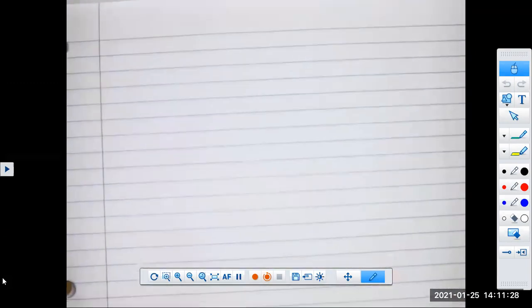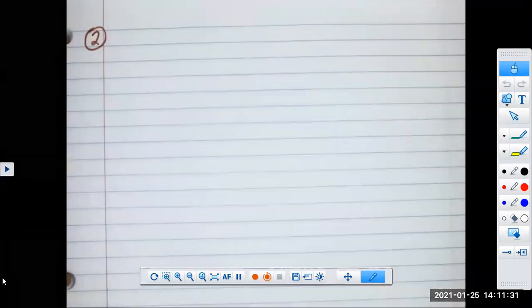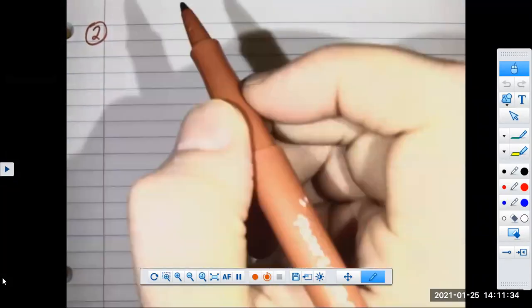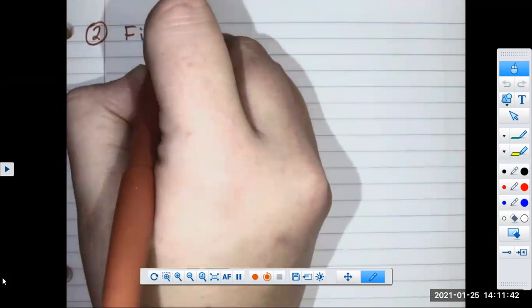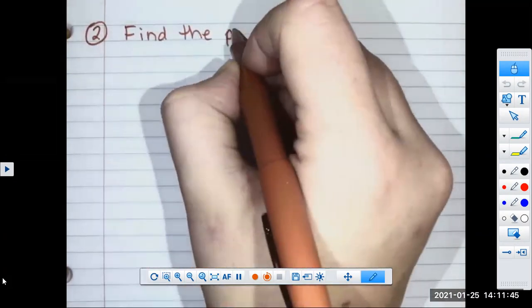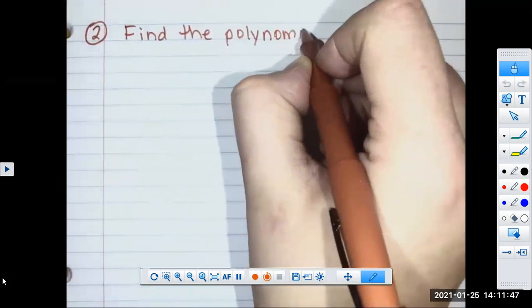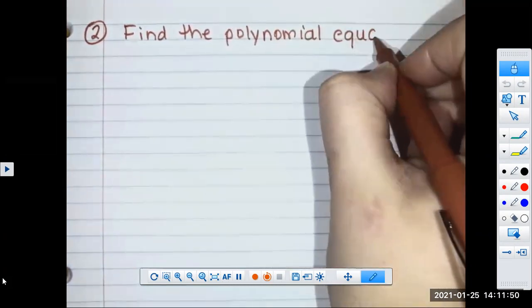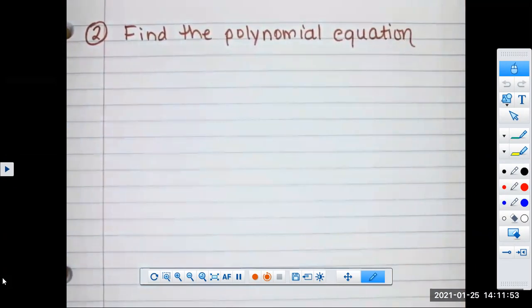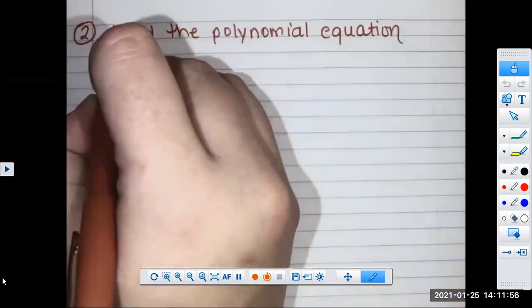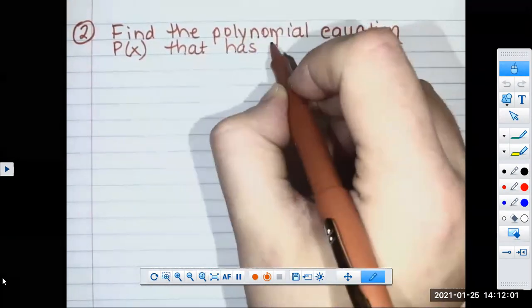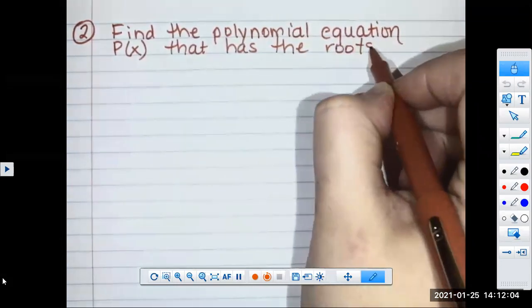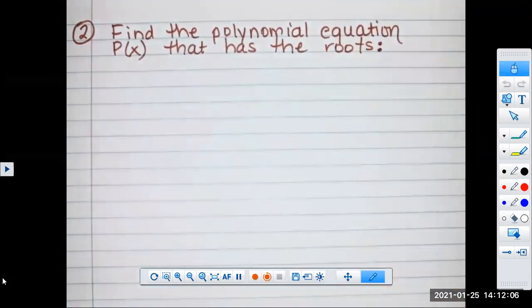The next type of problem that deals with that will actually ask you to find the polynomial equation p of x that has the roots given. Now, it also may say real coefficients.